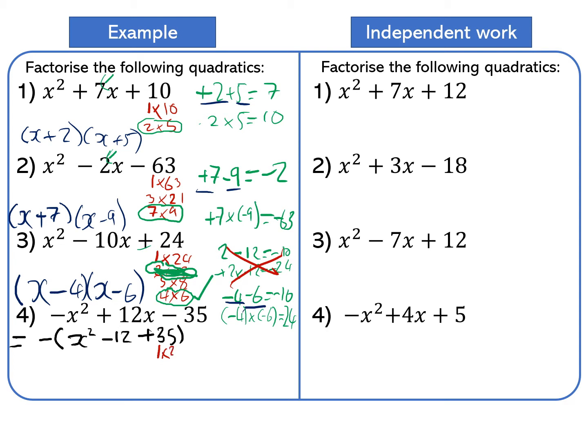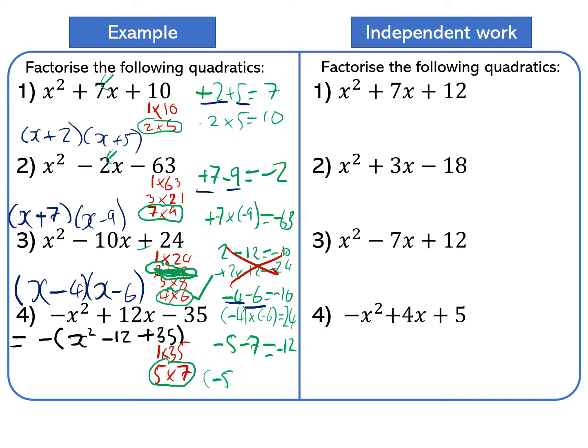1 times 35, 5 times 7, and which pair can I use together? Well, it's not really the 1 and the 35, so I reckon it's got to be the 5 and the 7. Let's check. Minus 5 take away 7 is minus 12.